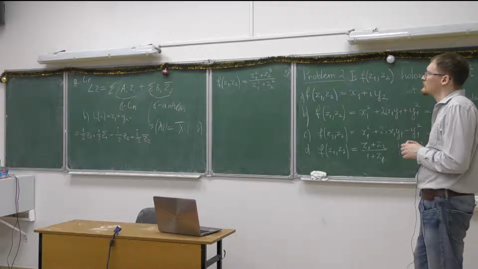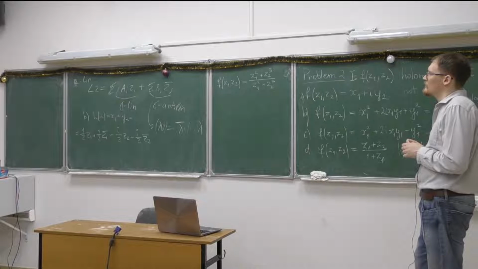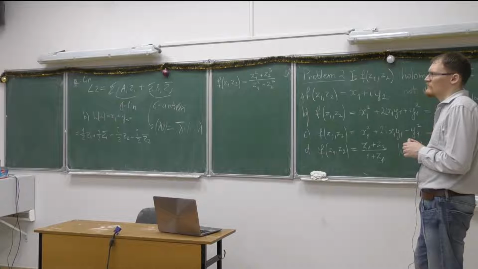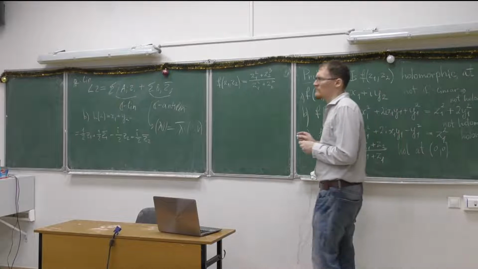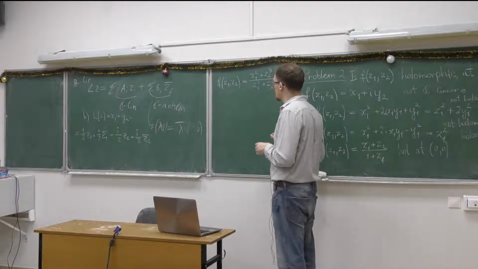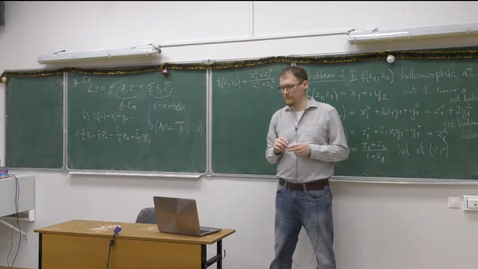Clearly it's holomorphic at least everywhere except the two lines, which are z1 equals i z2 and z1 equals minus i z2. Can I just come to the blackboard? These lines are important lines. They are called isotropic lines for the Euclidean quadratic form. Can you just please write them down?